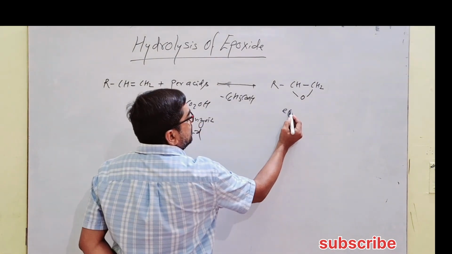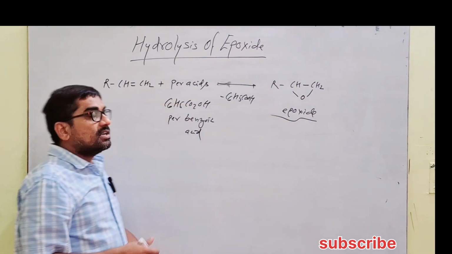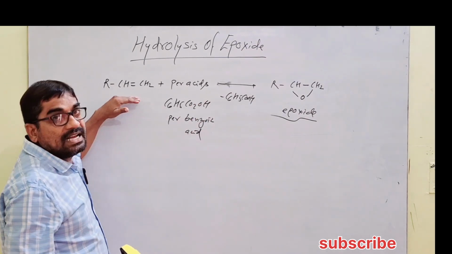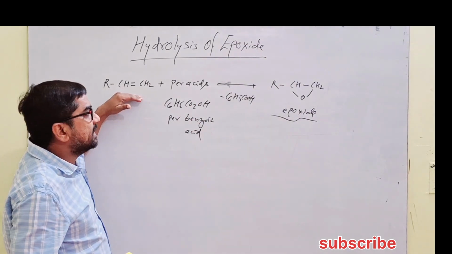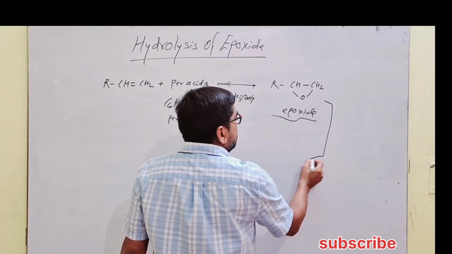This group is called epoxide. So epoxides are formed when a per acid reacts with an unsaturated hydrocarbon like an alkene.